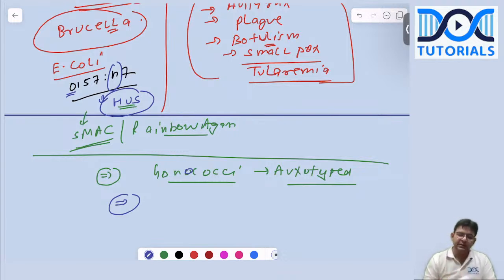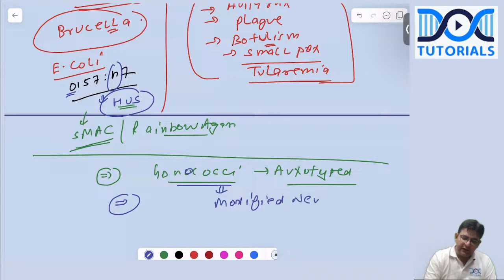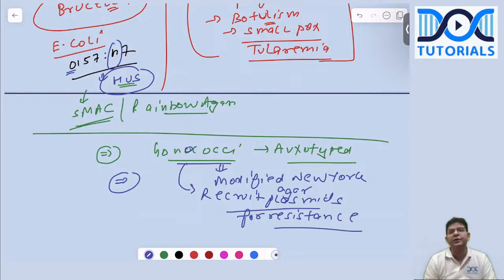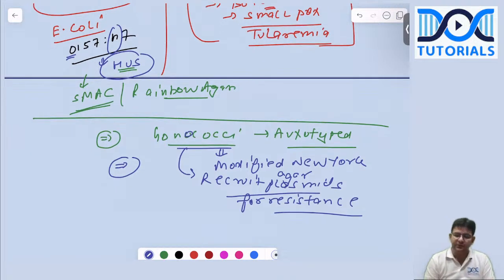And gonococci have a media which is being asked, that is modified New York agar. Gono recruits plasmids for resistance, so it is becoming resistant to third generation cephalosporins also.